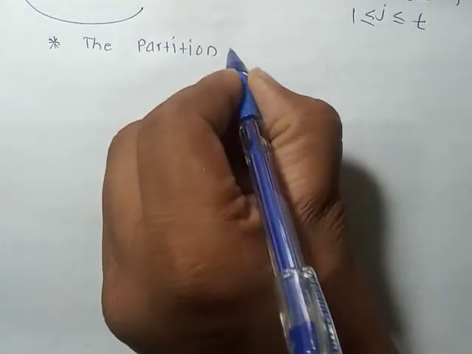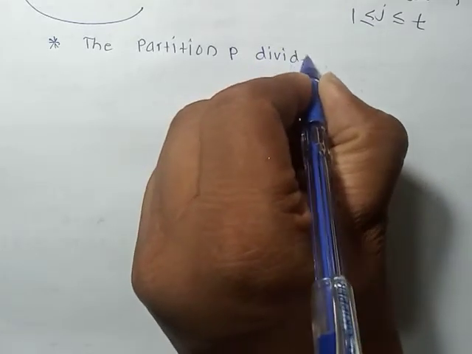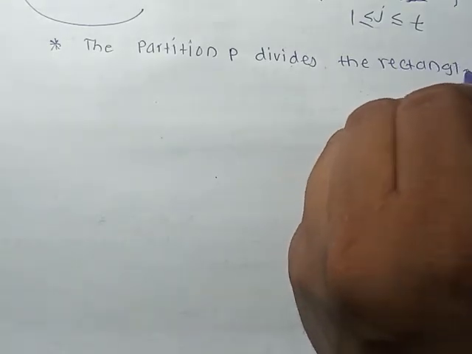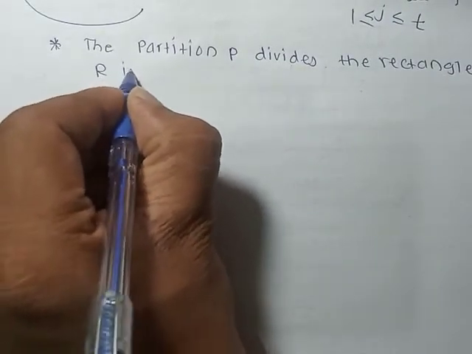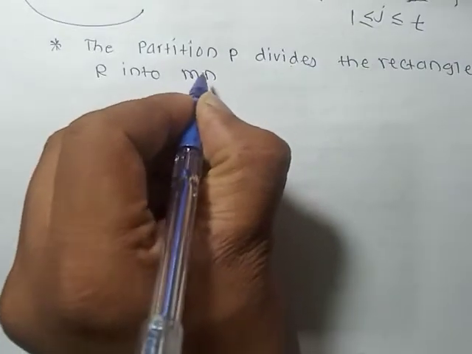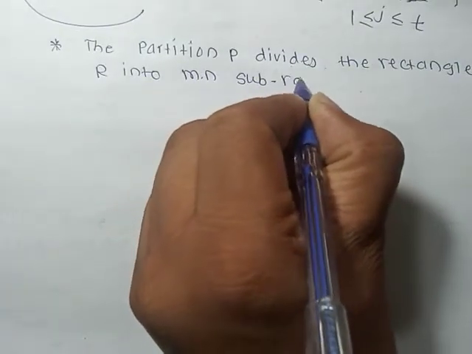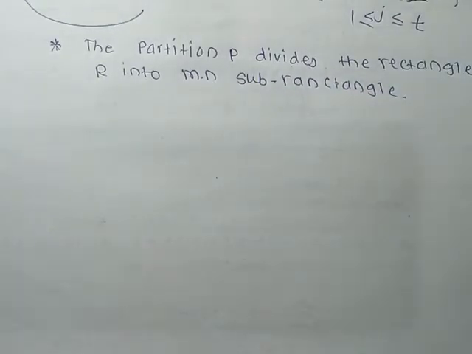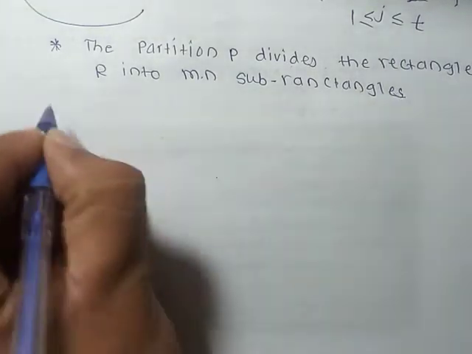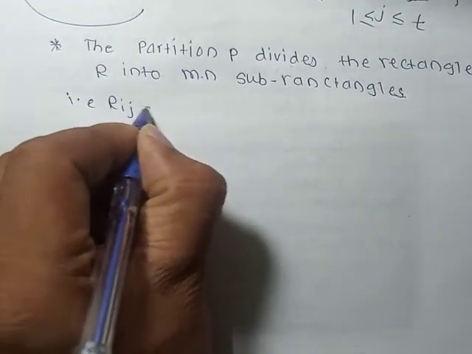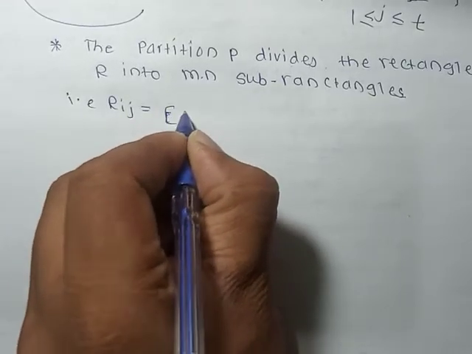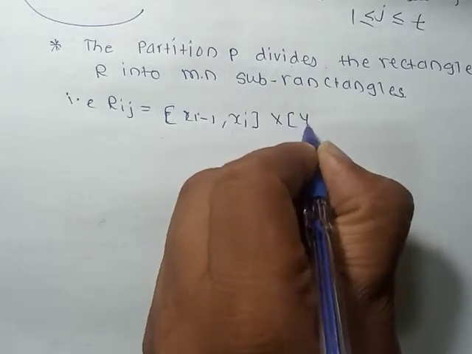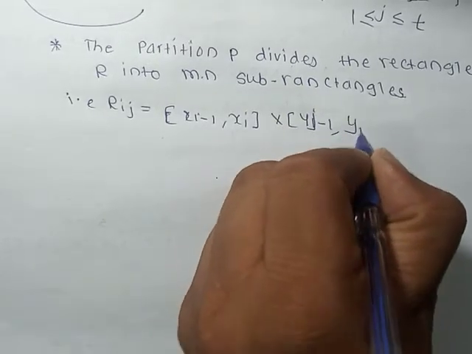So the partition P divides the rectangle R into m times n sub rectangles, that is, Rij equal to [xi minus 1, xi] cross [yj minus 1, yj].